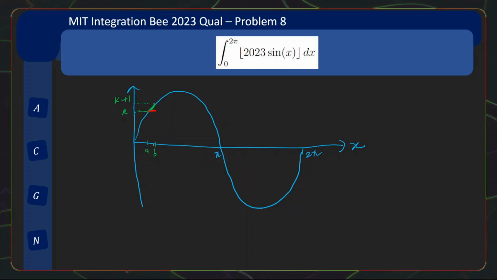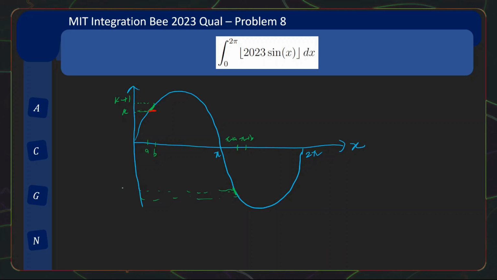Then if you recall the symmetric properties of the sine curve, if we look at the segment from pi plus a to pi plus b, so we shift the segment by pi, what happens? So we have a corresponding green segment, right? And this green segment, what are the values? At pi plus a, the value will be negative of the value at a, right?